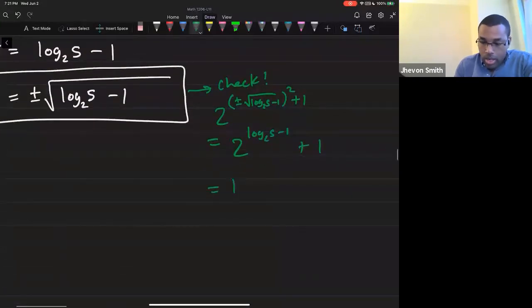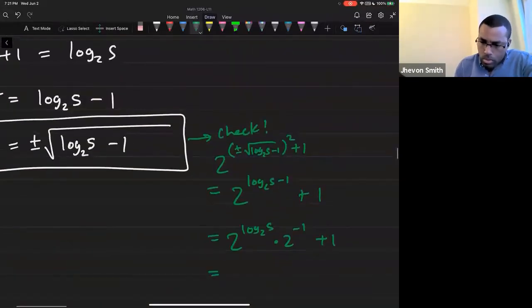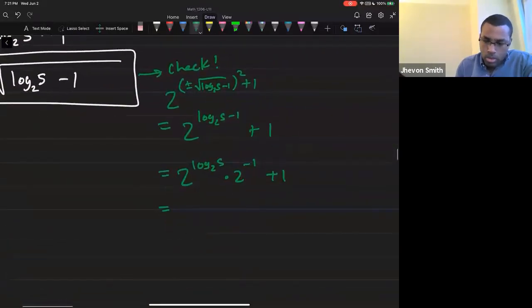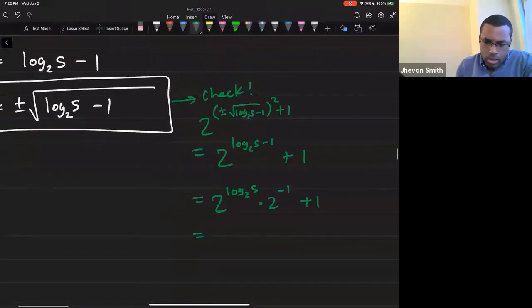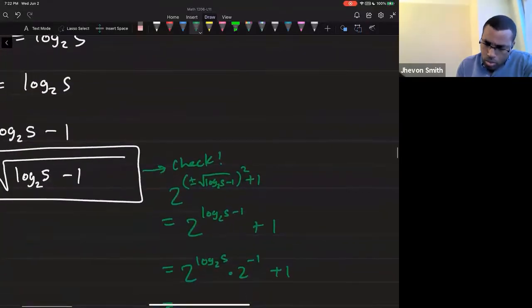You can write it as 2 to the log base 2 of 5 times 2 to the minus 1 plus 1. And then you would just get x squared plus 1.